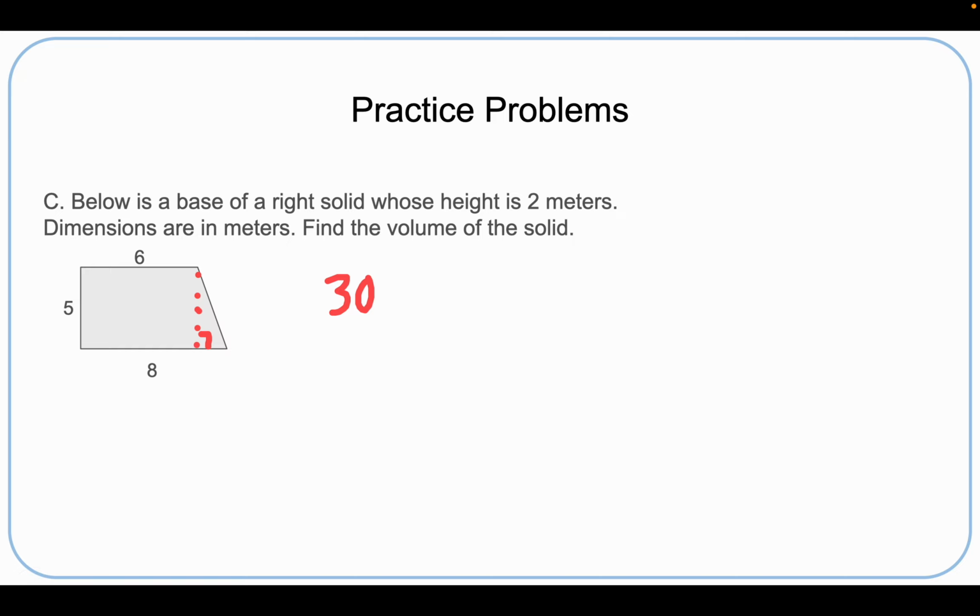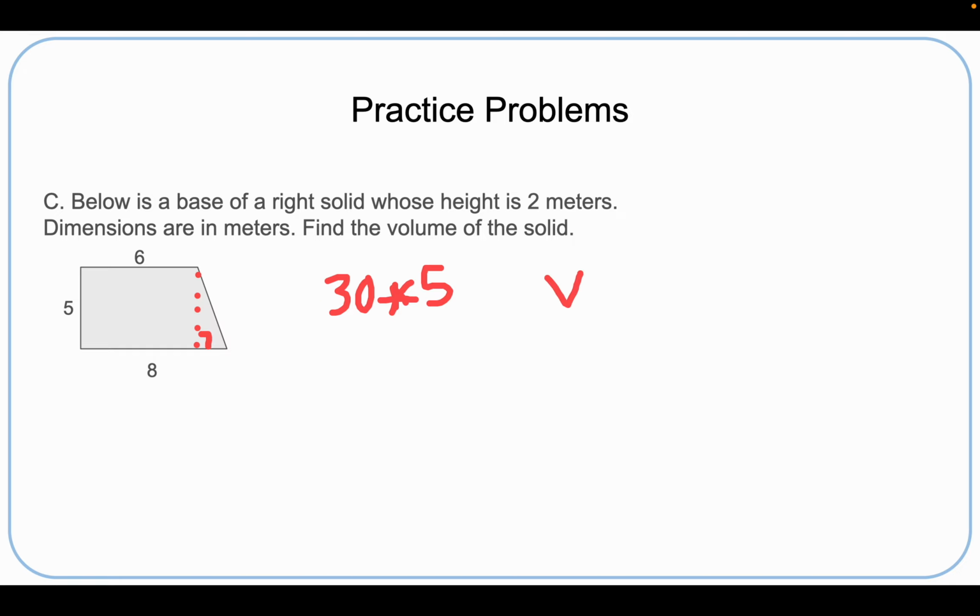So 2 times 5 is 10, but the area of a triangle is base times height divided by 2. So the area of that triangle would actually be 5, and this should be plus 5. So 30 plus 5. The area of this figure is 35 meters squared.